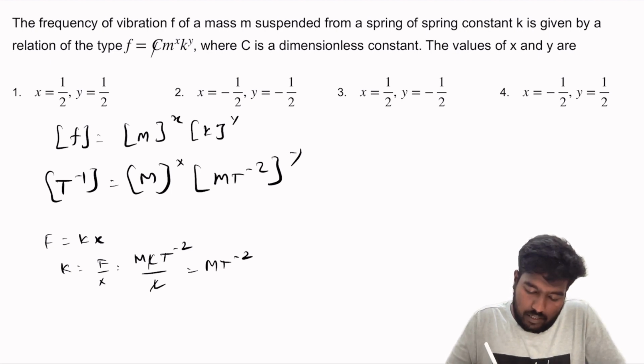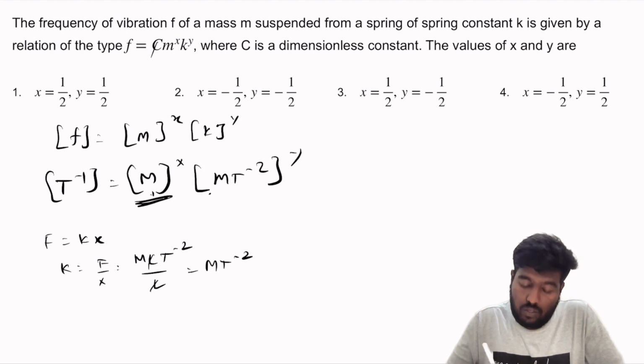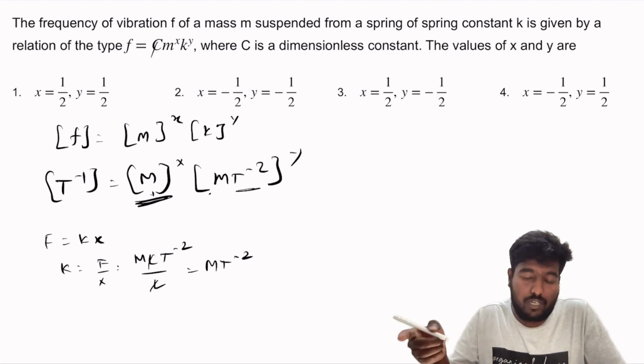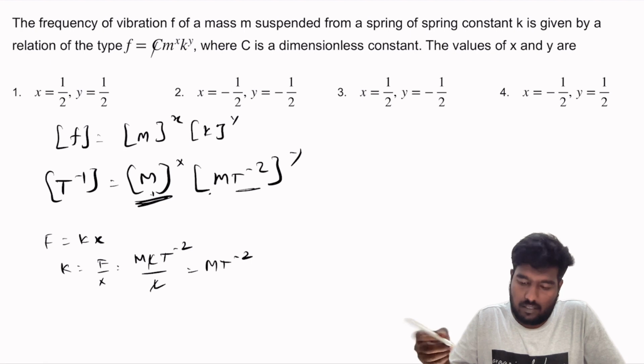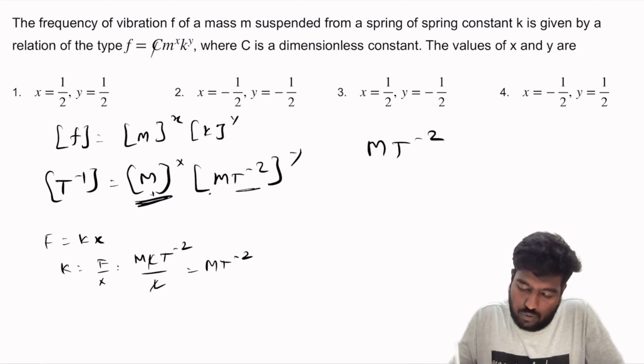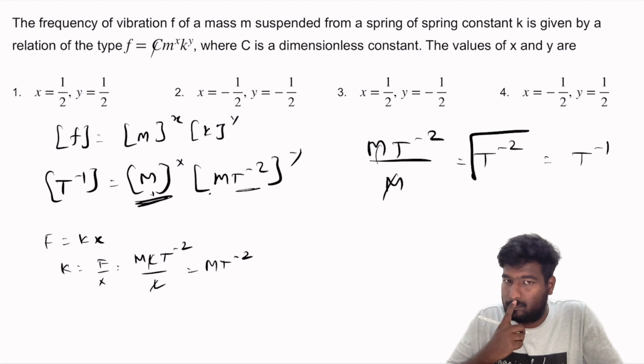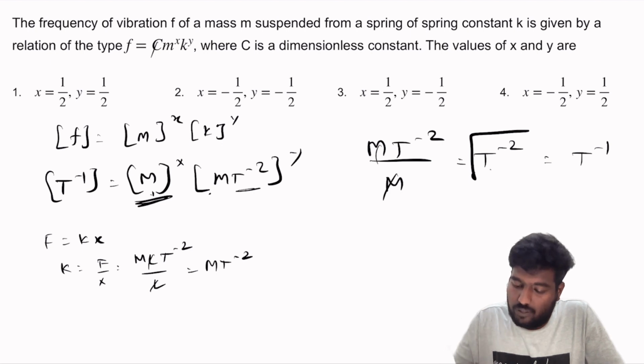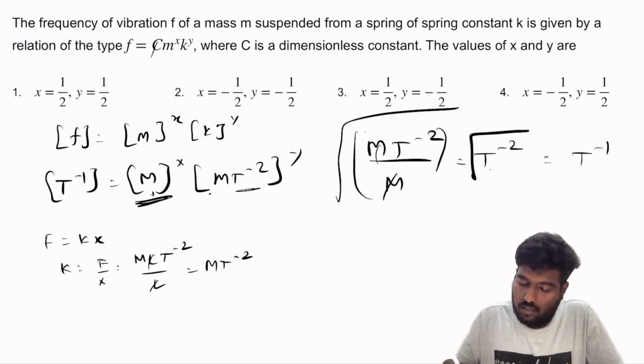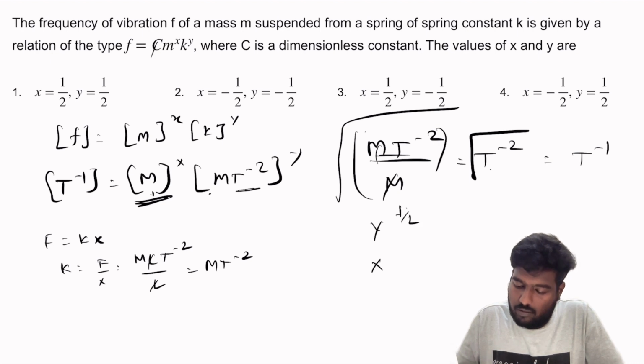Definitely I should divide these, and K should go in the numerator, then I will have T power minus 2. Then I should take the square root of it. So M T power minus 2 divided by M, I'll get T power minus 2, and the square root of both gives y power 1 by 2, x power minus 1 by 2.